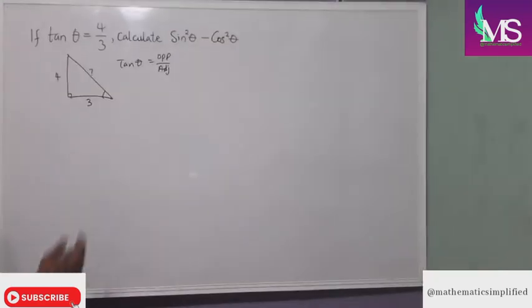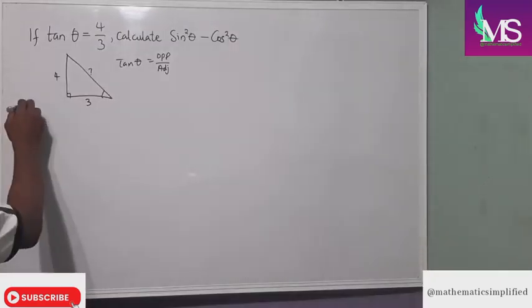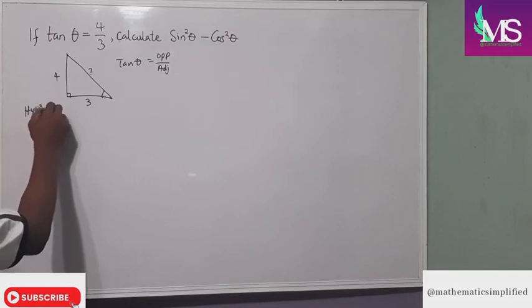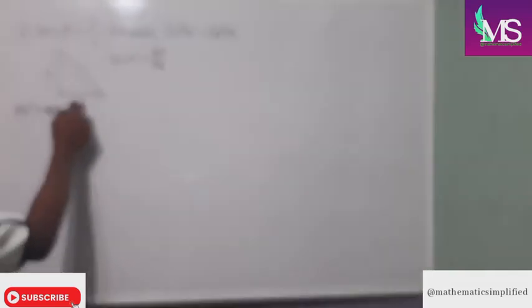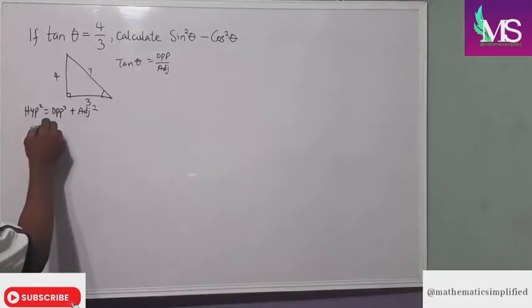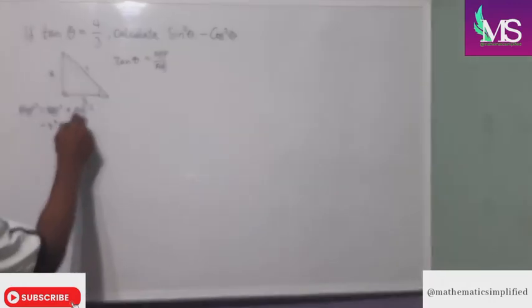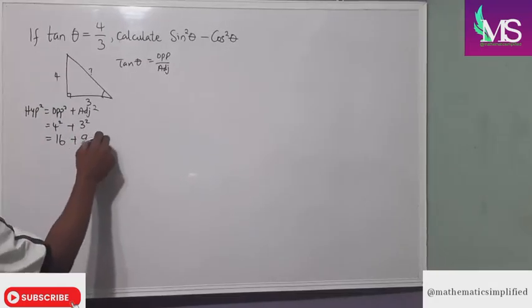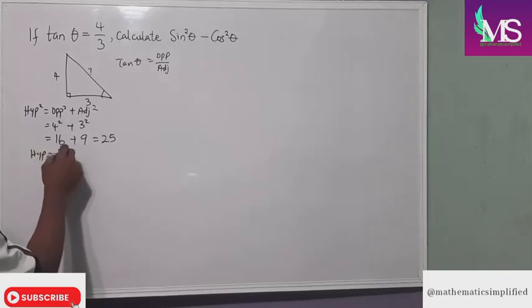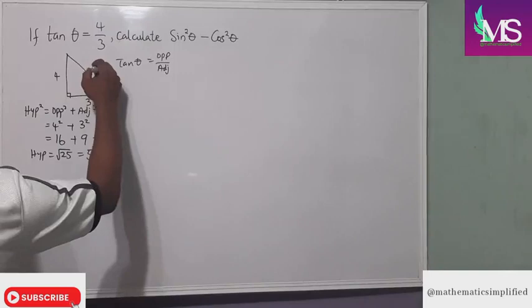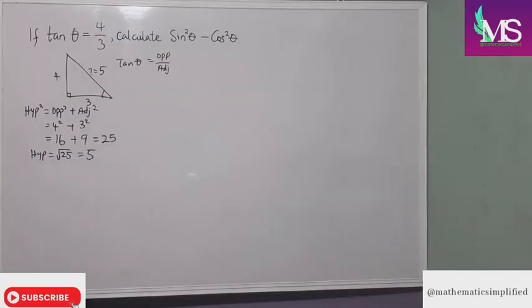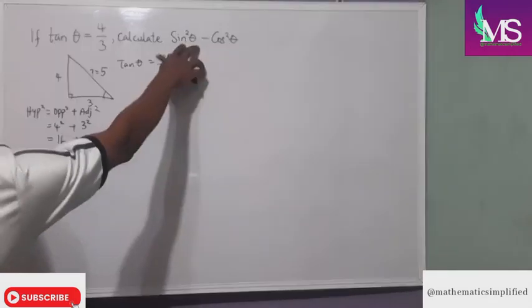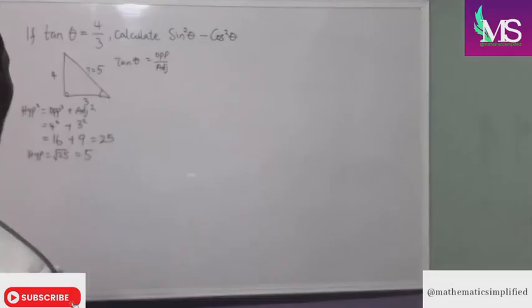Okay, now applying our Pythagoras theorem, hypotenuse squared equals opposite squared plus adjacent squared. Now opposite is 4 squared plus adjacent is 3 squared, which brings us to 16 plus 9, which gives us 25. So our hypotenuse equals root 25, which gives us 5. Alright, now knowing this, we can begin to calculate sine squared theta and cos squared theta.